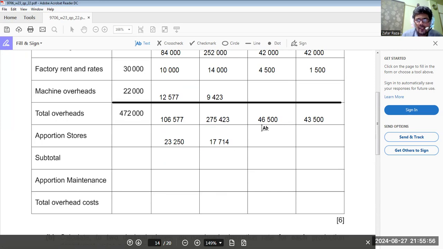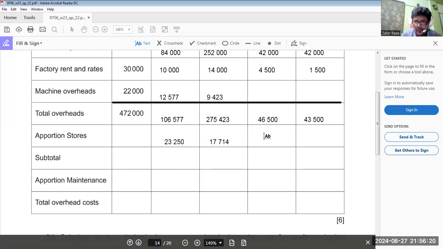Now, out of 46,500, we have given 23,250 to the machining department and 17,714 to assembly. 46,500 minus 23,250 minus 17,714, we are left with 5,536.